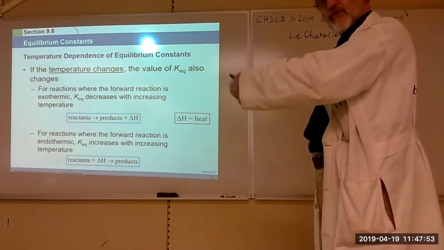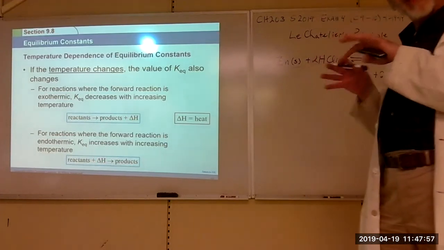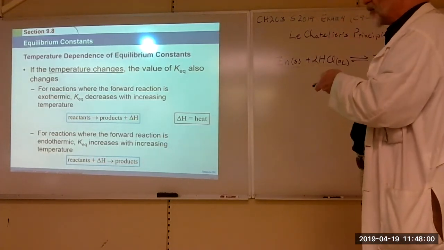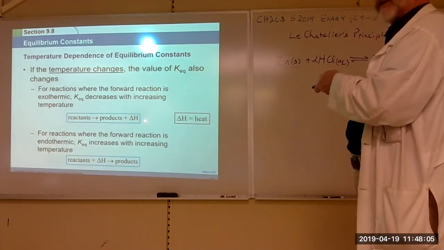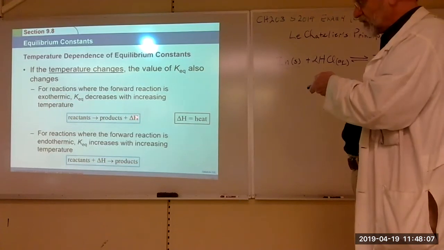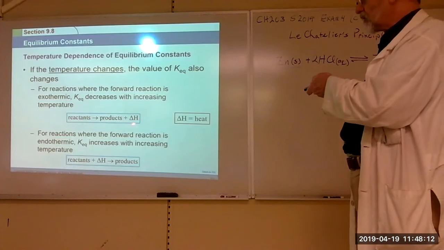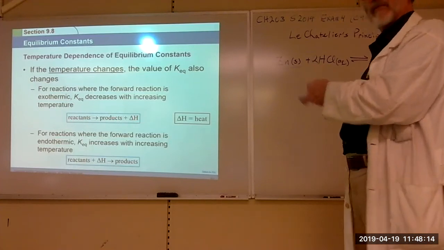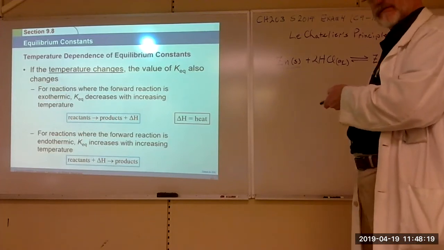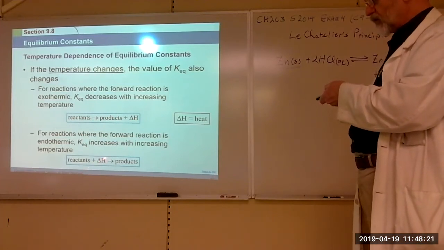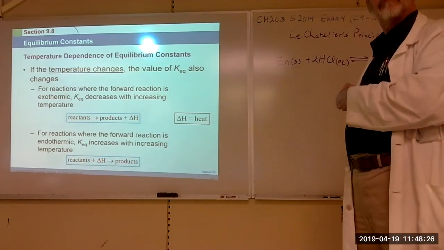It goes into the reaction and is consumed in the reaction. So when you look at it that way, what happens if you increase the temperature for an exothermic process? Well, Le Chatelier says you increase this, it drives the reaction back. So exothermic reactions, if you increase the temperature, you're going to make more reactant. Endothermic, if you increase the temperature, you're adding more reactant, and that makes more product.